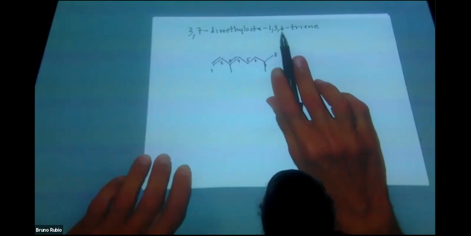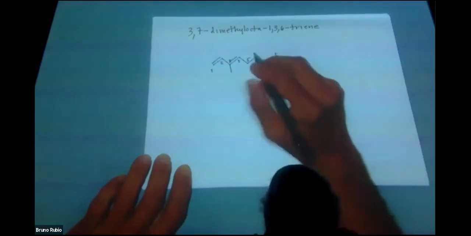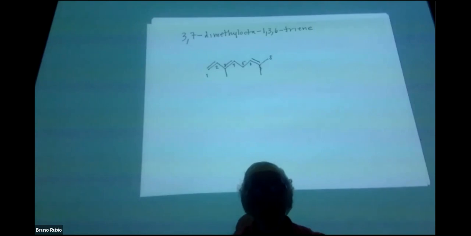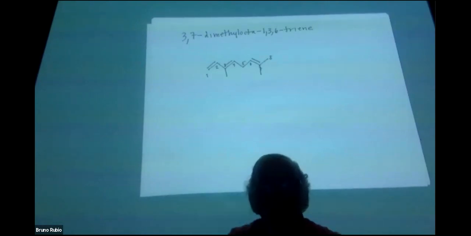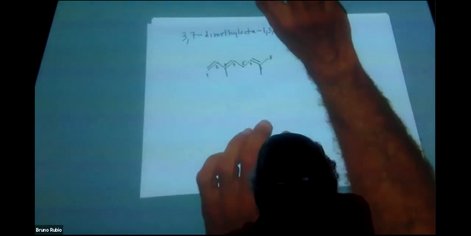Then the 6 in triene is telling you that you have a double bond at 6, and the double bond goes to 7. The double bond always goes from the specified number to the next highest number. So that's 3,7-dimethyl octa 1,3,6-triene. Yep, so how's it going? Yes, good?